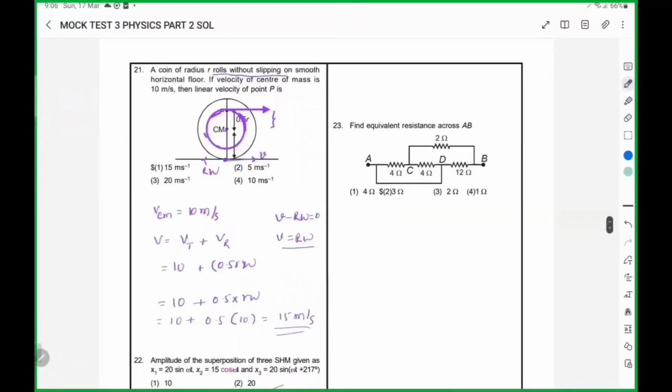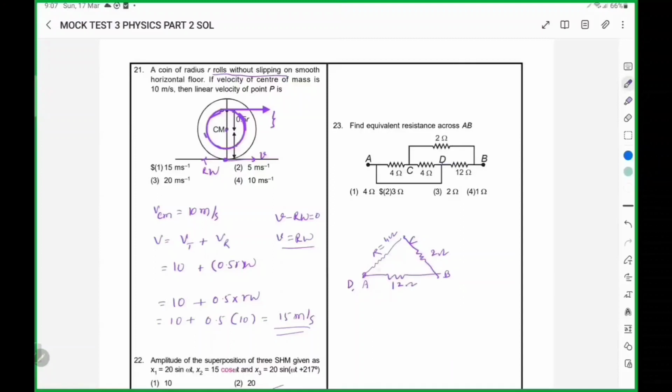Here, to find the effective resistance across AB, let us consider the points A and D are at the same potential. So between A and C, we have one resistor R, which is 4 ohms. Between C and B, we have another resistance, 2 ohms. Between D and B, we have one resistor, 12 ohms.